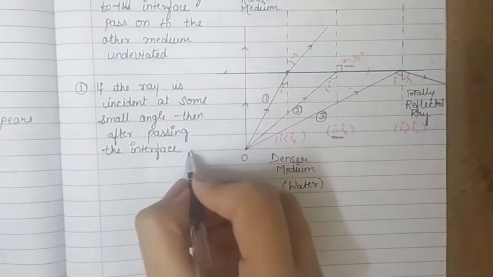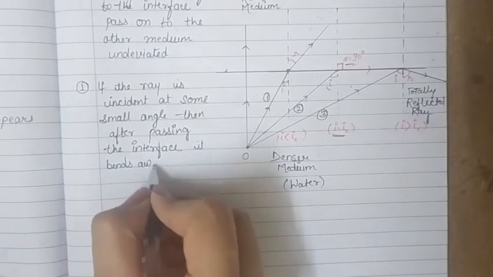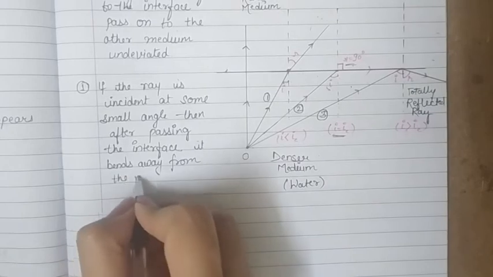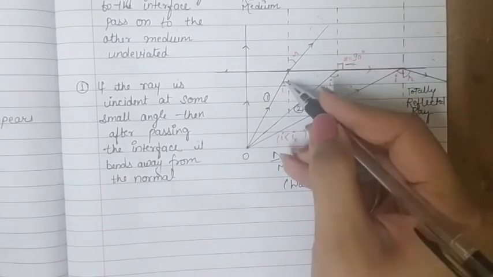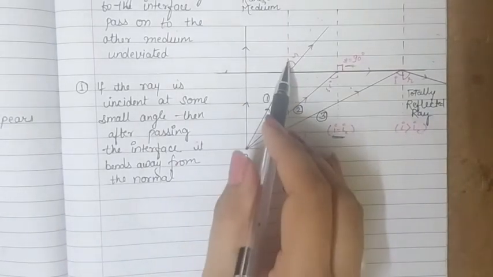So after passing the interface, it bends away from the normal, as shown for the ray 1. This is the ray coming at angle I, this is the angle of incidence, and it passes from one medium to other such that it bends away from the normal, and the angle of refraction is r.